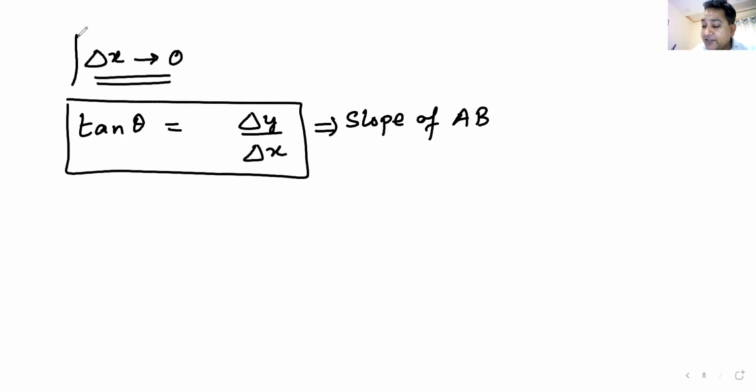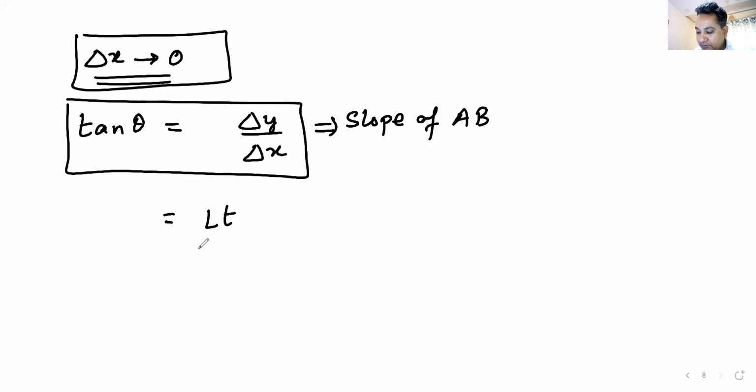Now, if delta x tends towards 0, I will write it like this: limit delta x tending to 0, delta y by delta x. Now use some common sense.